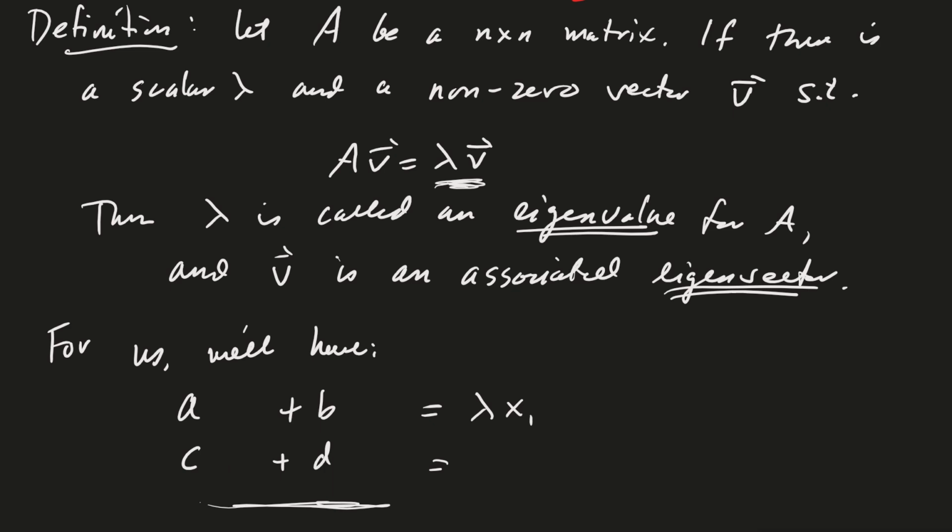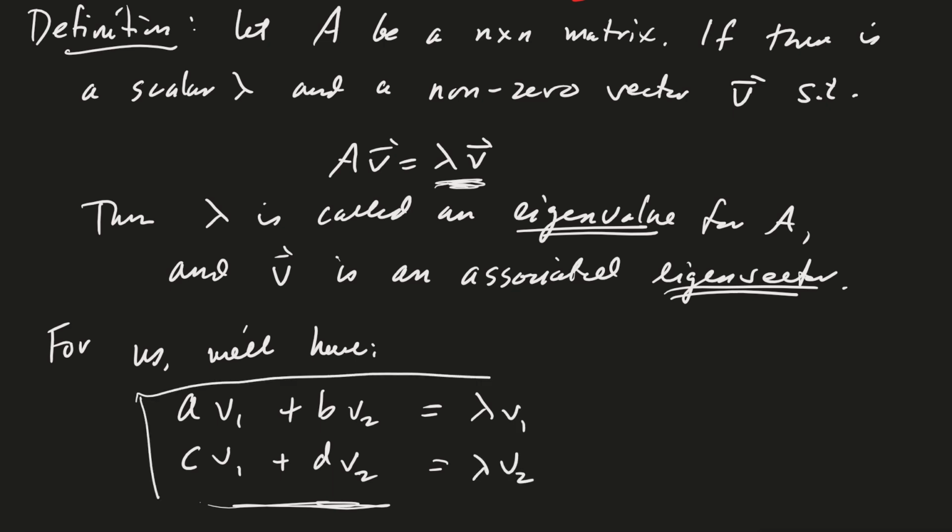Sorry about that. That's a v1 plus b v2, c v1 plus d v2 is lambda v1 and lambda v2. Good, so this is what I'm trying to solve, and both lambda and v1 and v2 are unknown.